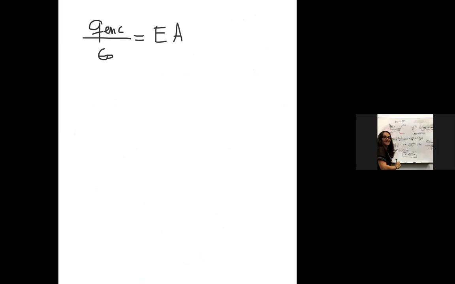A of what? A of the Gaussian. Now let's replace a couple things. Let's replace charge enclosed. What did we say it was? We said it was the total Q times r cubed over A cubed.